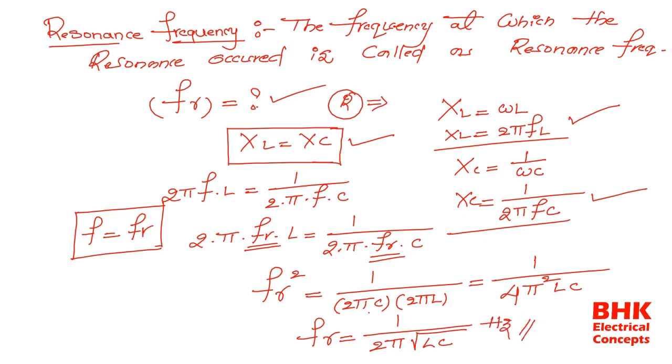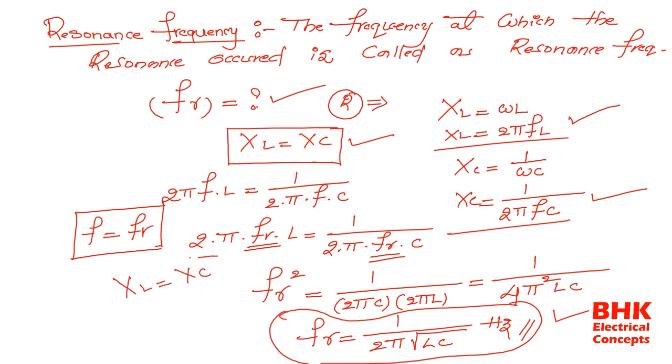So this particular expression represents the resonance frequency, which occurs in a series RLC circuit when resonance occurs. In order to get this expression of FR, we considered XL is equal to XC. So this is the calculation of FR.